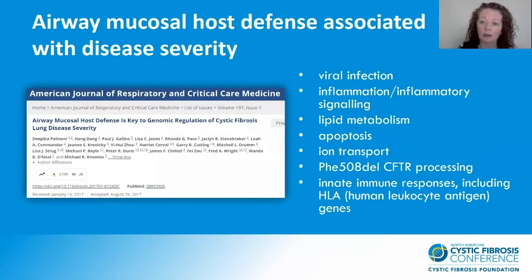An analysis of airway epithelial gene expression profiles complemented with GWAS data found that pathways relevant to airway mucosal host defense were significantly associated with CF lung disease severity. And this highlights the important role of heritable host defense variation in determining the pathophysiology of CF lung disease, and how it is important that we understand what is happening even at the gene level.